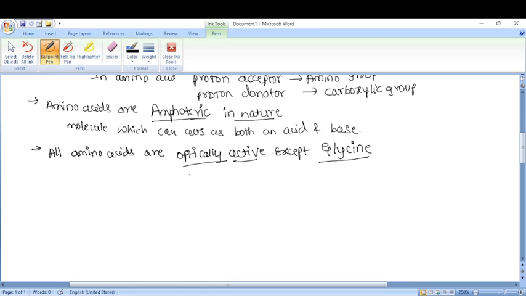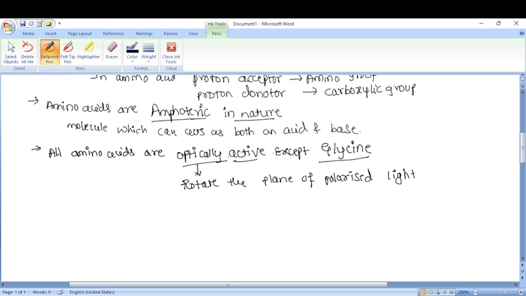Which compound is called optically active? Optically active means which can rotate the plane of polarized light. The compounds which have the ability to rotate the plane of polarized light are called optically active.